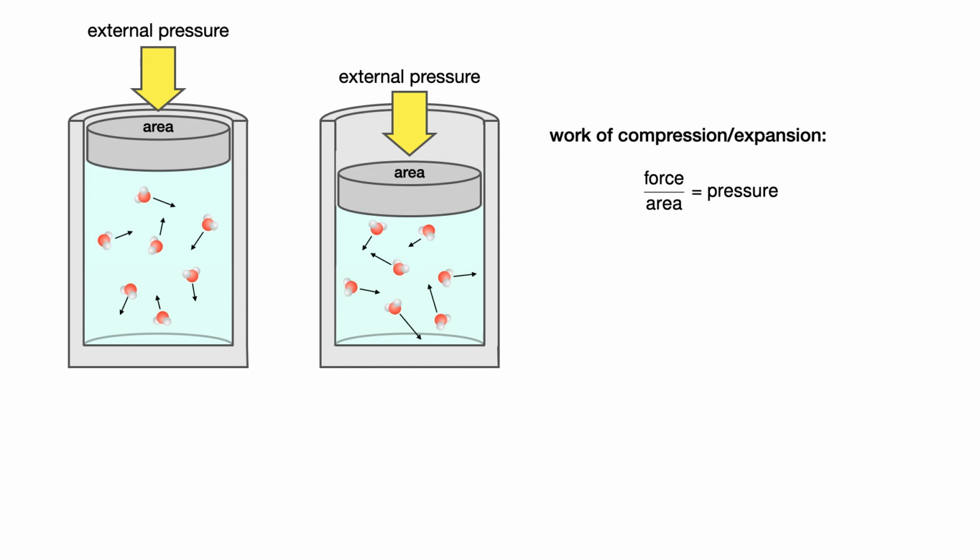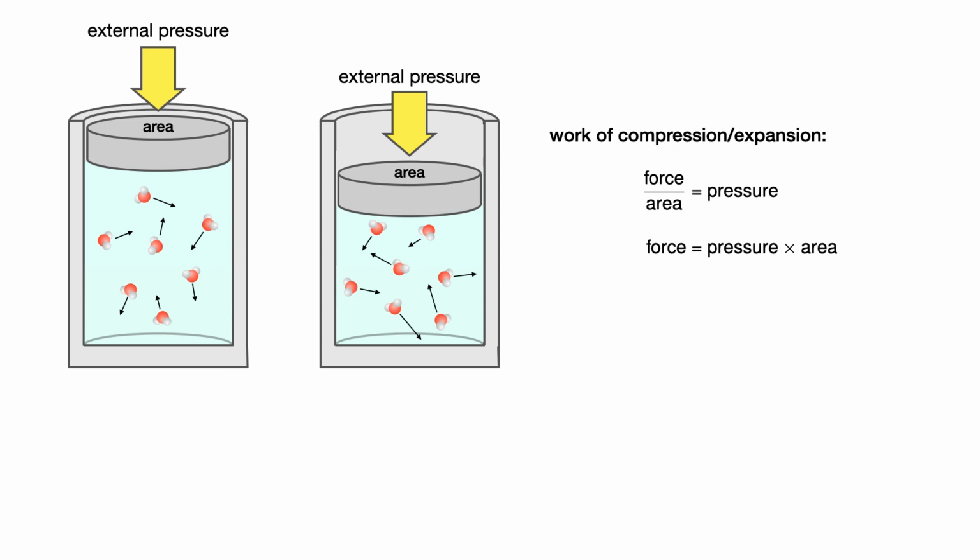And so if you've got a pressure that is applied across an area, the pressure times the area is equal to the total amount of force that's applied to that area. And so in the picture that I've got here, the external pressure is applied across the area of the piston and exerting a force equal to the pressure times the area.